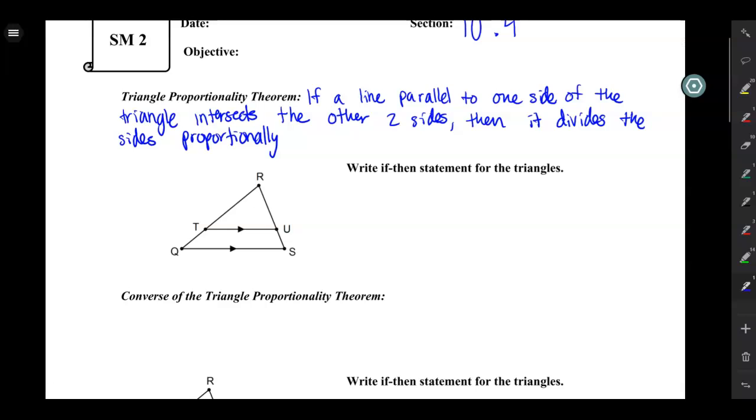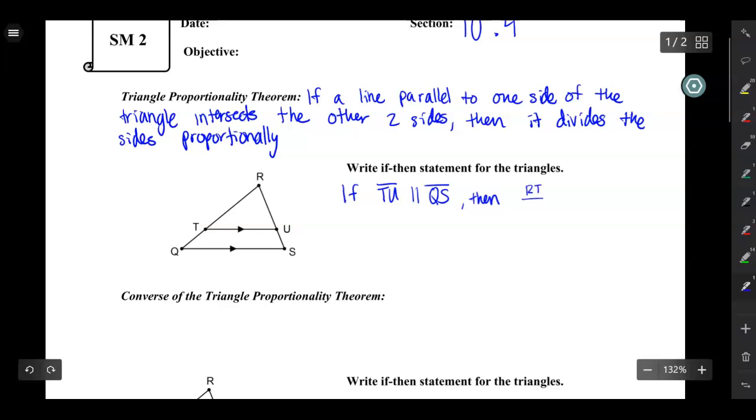If the segment TU is parallel to QS, so those two horizontal lines are parallel, then it chops up my triangle proportionally, which means the ratio of RT to TQ is proportional to RU to US.